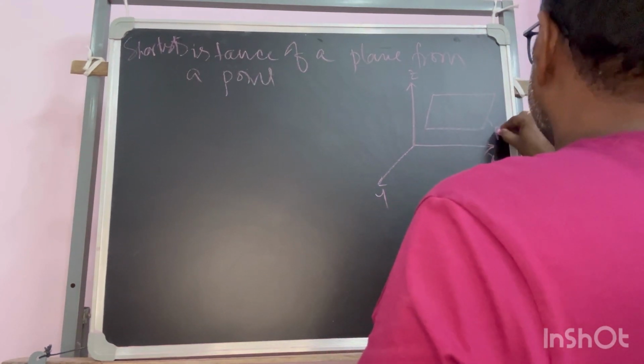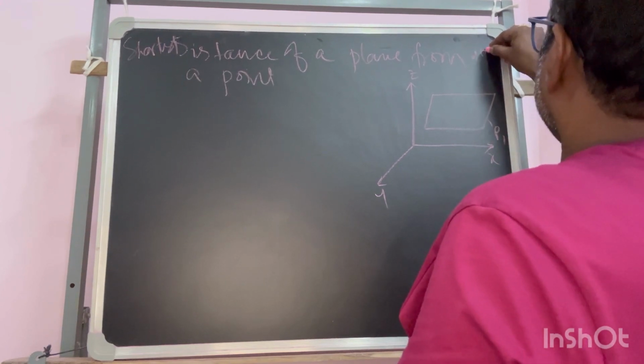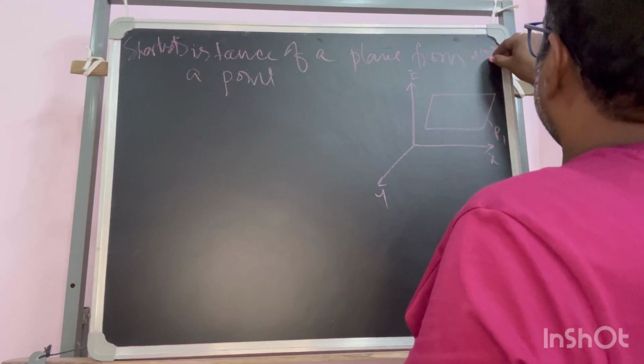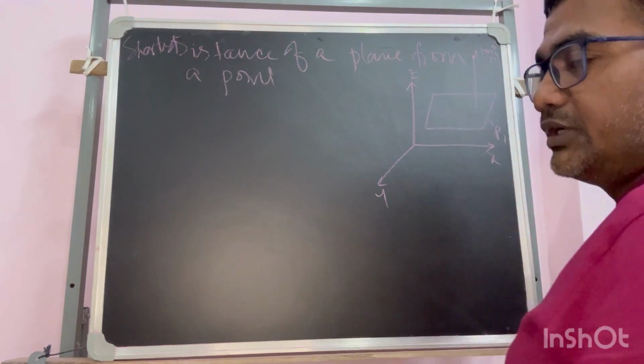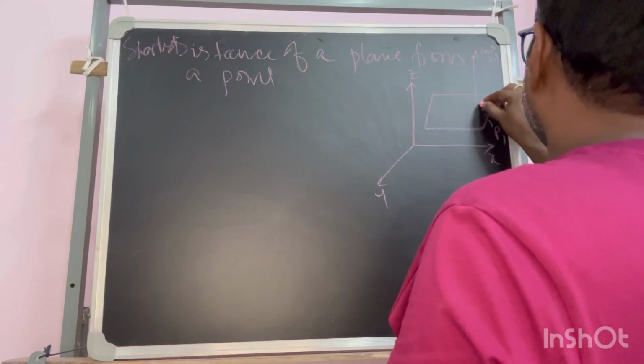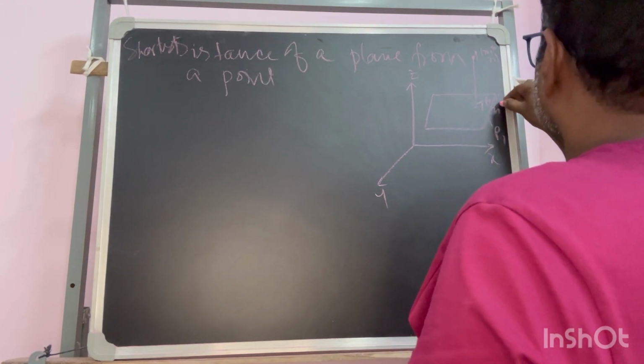This is P1, say. This is a point P. We have assumed x0, y0 and z0. From there we have dropped a vertical onto this plane, and let's say the foot T is x1, y1 and z1.